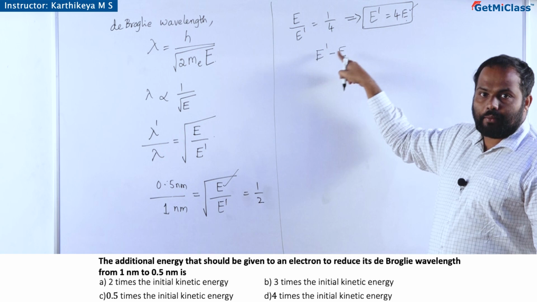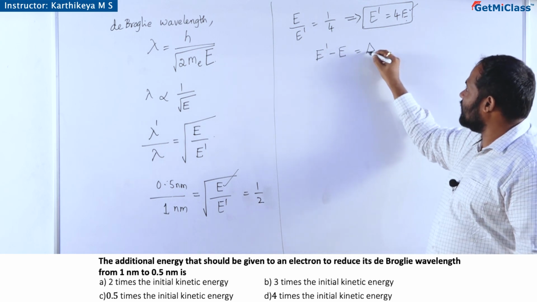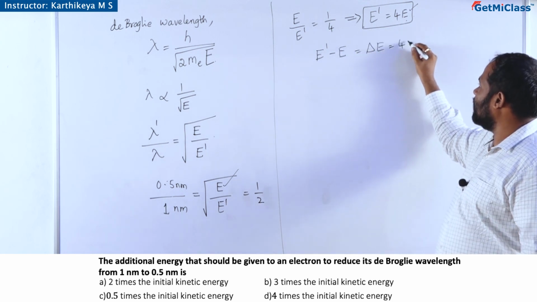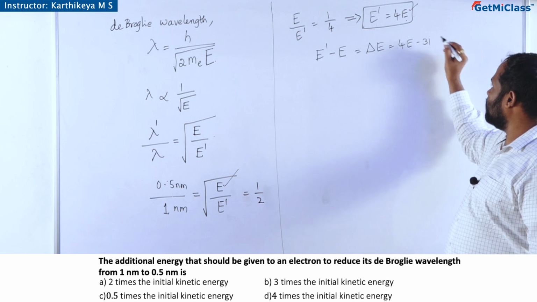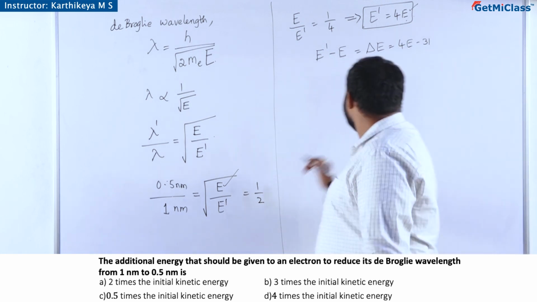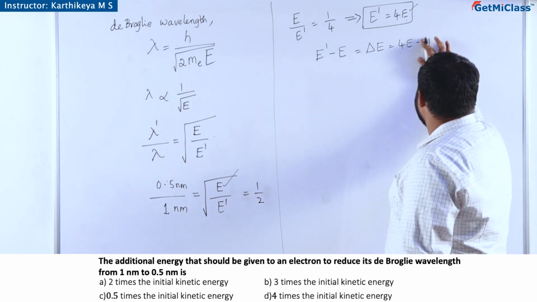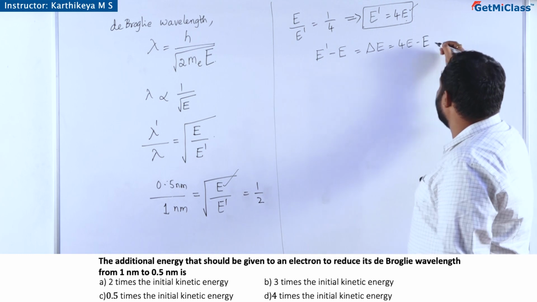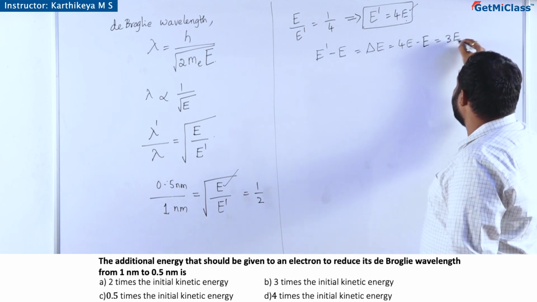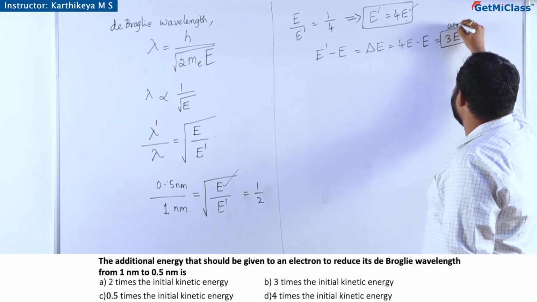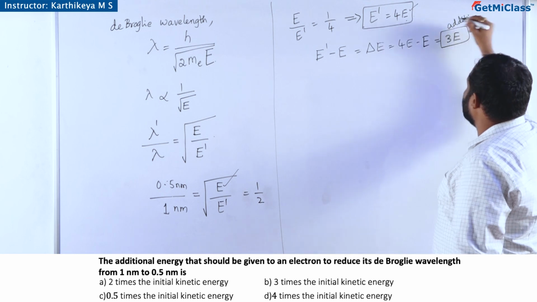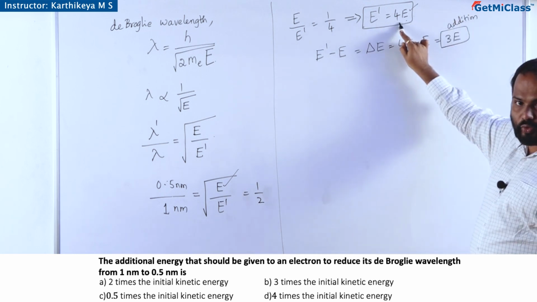Final energy minus initial energy is the additional energy to be given, which is 4E minus E. So, 3E is the additional energy given. The total final energy should be 4E.